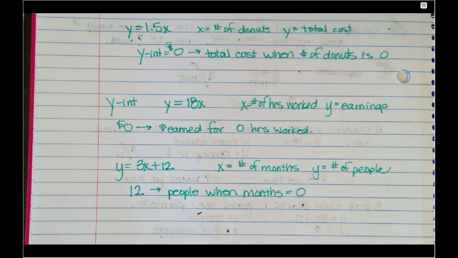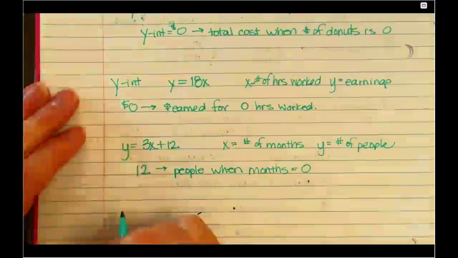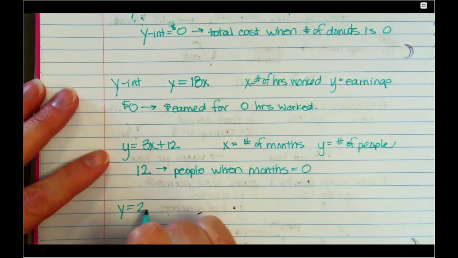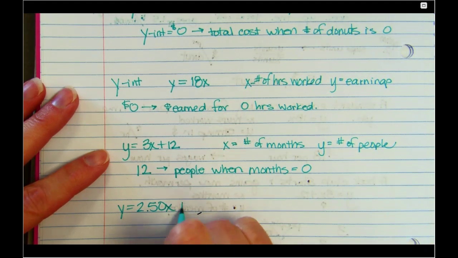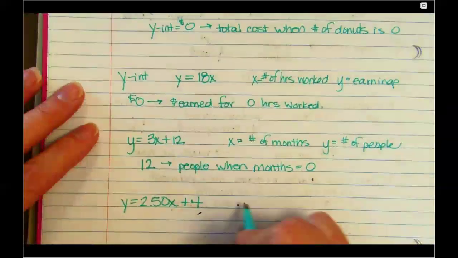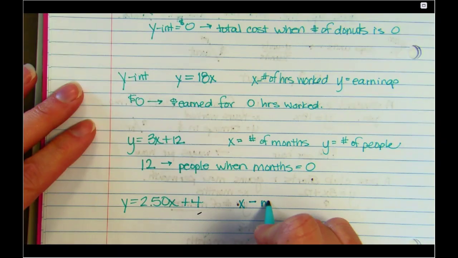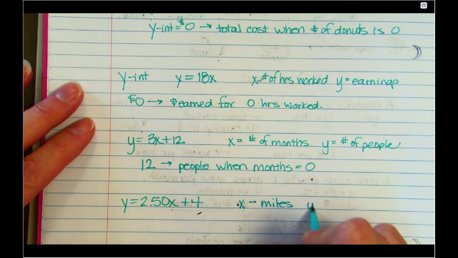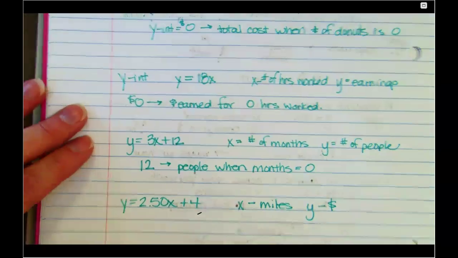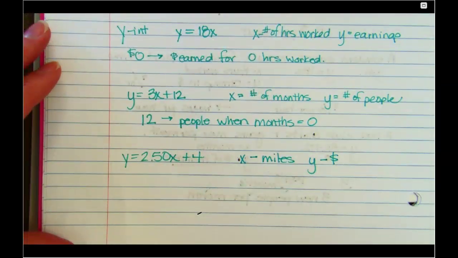Okay, let's talk about the taxi. That's still on my same page up here. We've got y equals 2.50x plus 4. Remember what I said, the taxi charged a pickup fee and a cost per mile. x was miles and y was dollars. Okay, what's the y-intercept? 4.